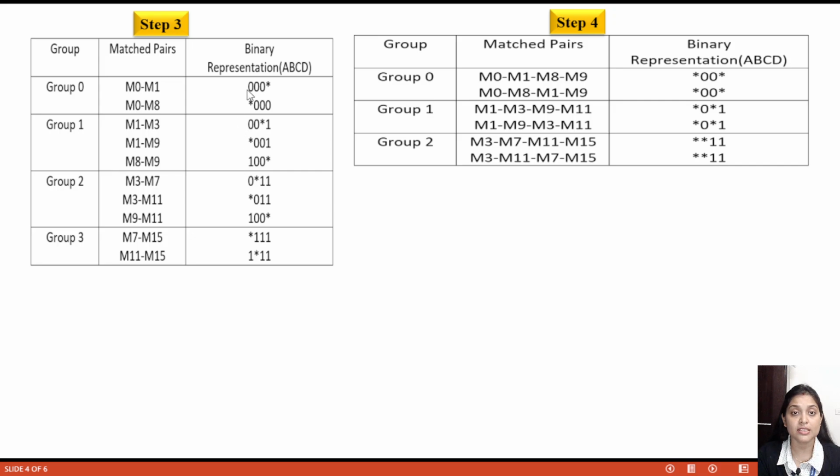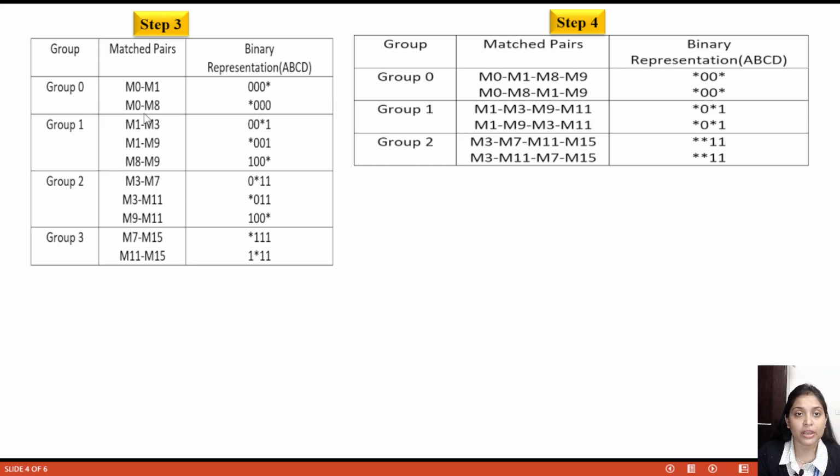Here 0, here 1, other bits are same, 0 0 star, here also 0 0 star. So you can write in this way, you can form a group M0 M1 M8 M9, that means star 0 0 star.